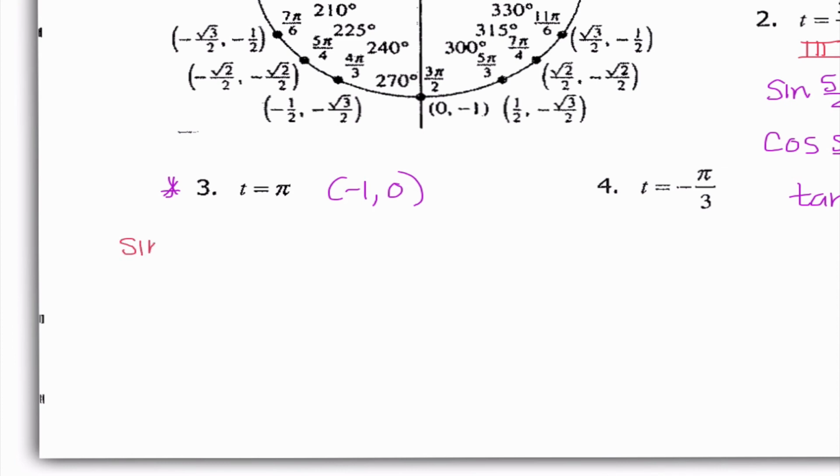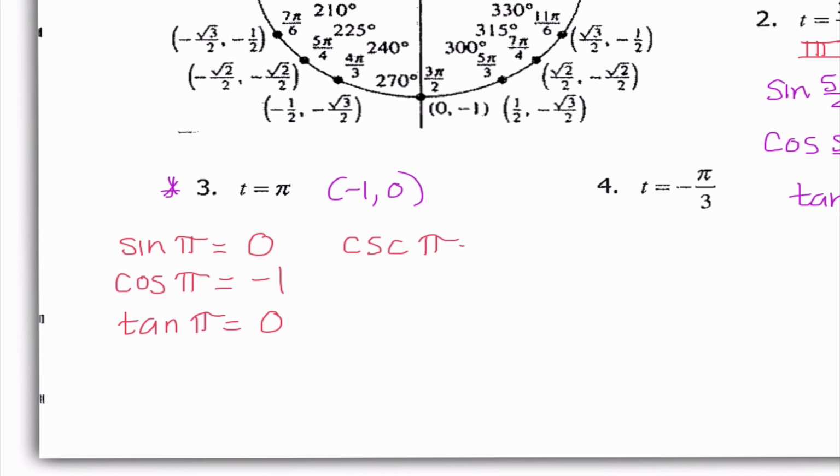So if I'm doing sine of pi, I know sine is equal to the y value, so it would be 0. Cosine of pi is equal to the x value, so that would be -1. And tangent of pi is equal to y over x, which would be 0 over -1, or 0. Cosecant of pi, the reciprocal of 0 puts 0 in the denominator.